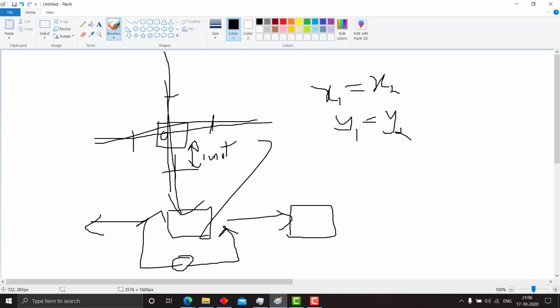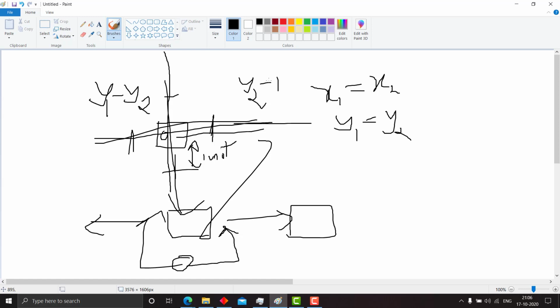Let's take that the y coordinate is the same, and y2 is greater than y1. Then I can place the rabbit here and drag it in y2 minus y1 time. And suppose the initial position is greater, then I can place the rabbit here and drag it in y1 minus y2 time.